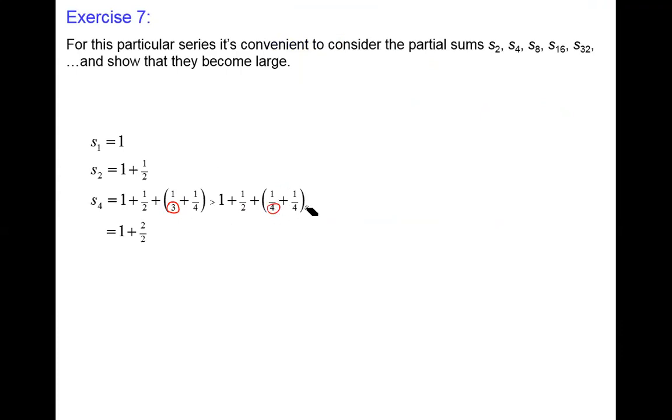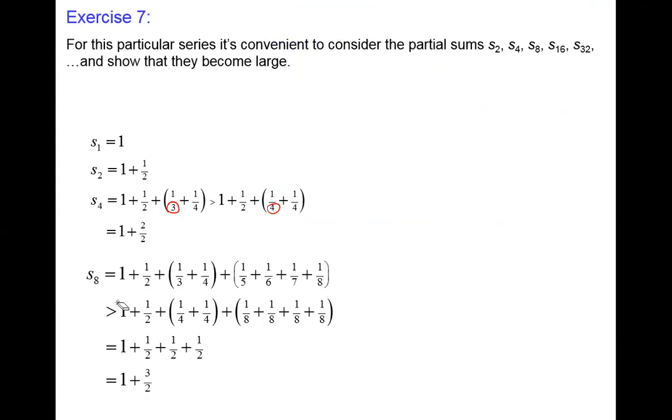That means this sum is smaller than my original one, so my original sum will be even bigger. Now I have 1/2, and then a quarter and a quarter is another half. That means I have 2 halves. I will keep it this way because I would like to see the pattern. Can you see 1 plus 1/2, 1 plus 2 halves?